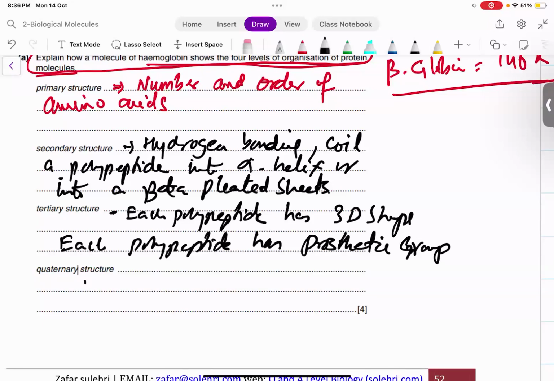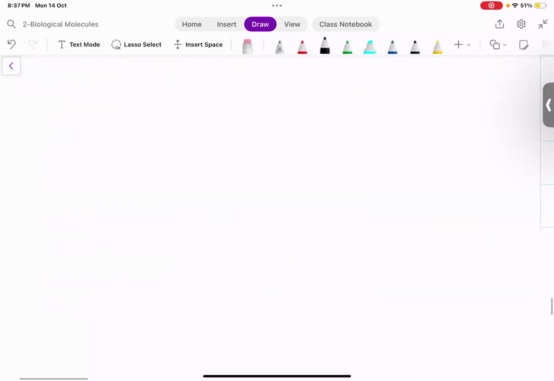And there are 4 polypeptides in hemoglobin, so that's why it has quaternary structure. So that's how you have to describe each level of protein structure found in the hemoglobin molecule. Okay. Now let's see.